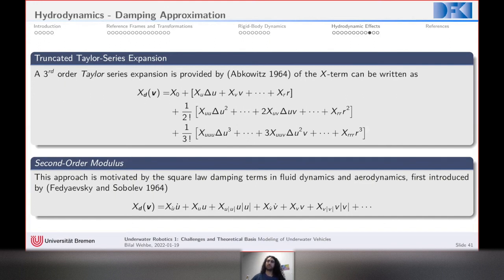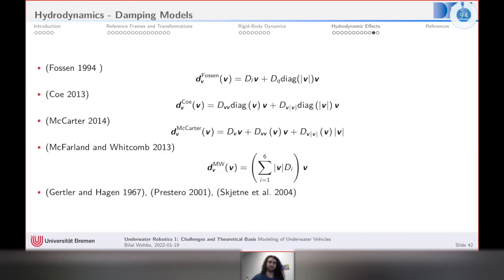Now, if you look in the literature on modeling damping of underwater vehicles, you will find a lot of different models that have been put together to fit a certain application. Here are some of them that I just reported.